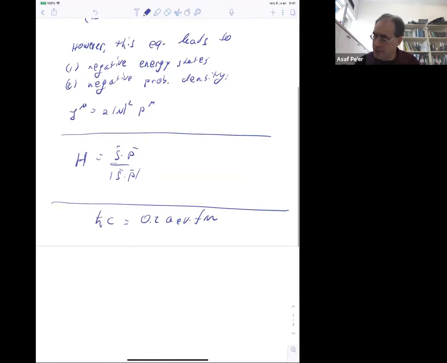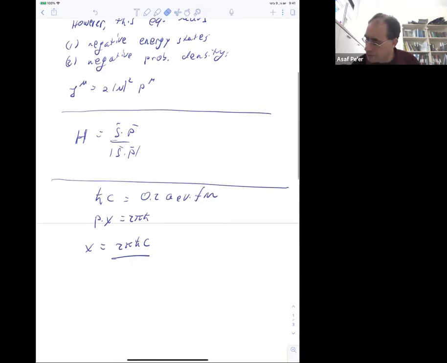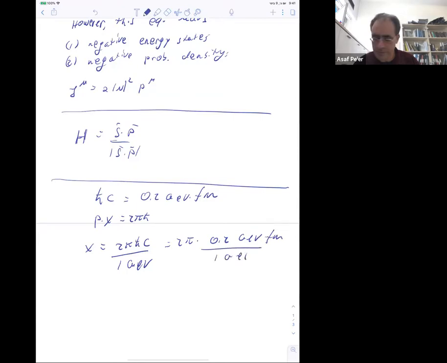And what we know is that λ is just 2πħ divided by p. So λ is just 2πħc divided by ħc times p, where p is the momentum, 1 GeV. Right, so just 2π times 0.2 GeV femtometers divided by 1 GeV, so just 1.3 femtometer.